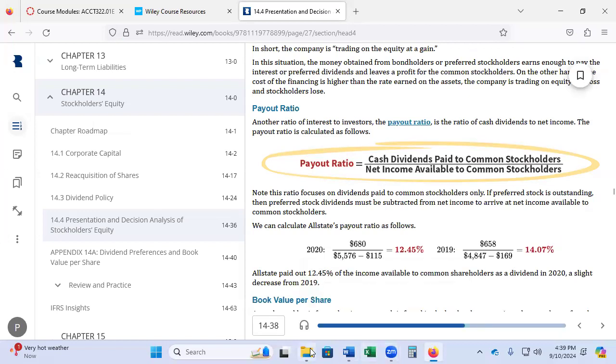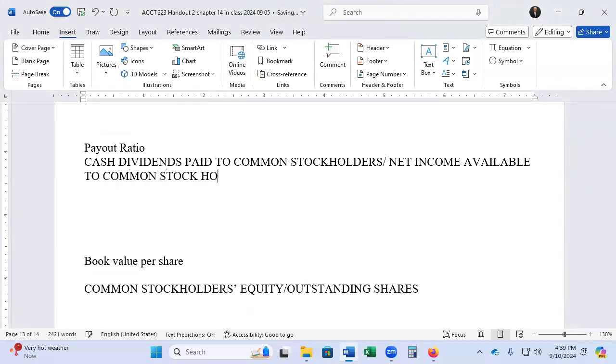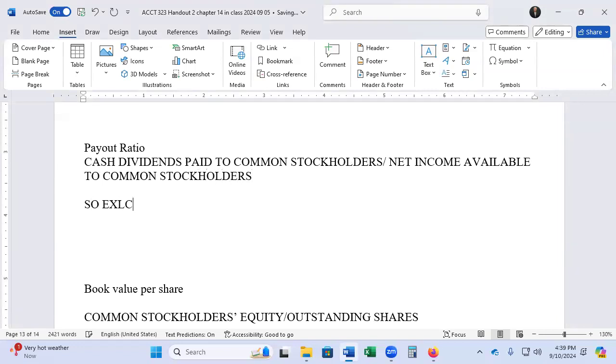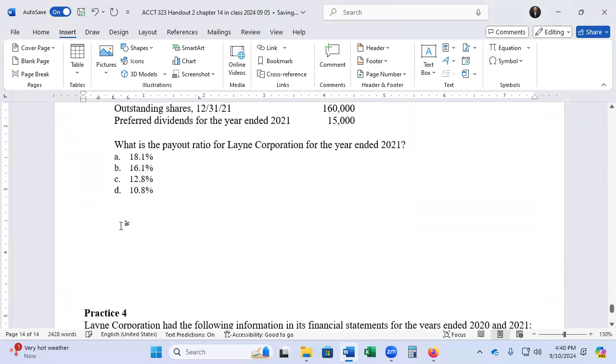So it's net income available to common stock. Sorry, it would make it easier for you if I didn't give you bad information. My apologies. Book value per share.